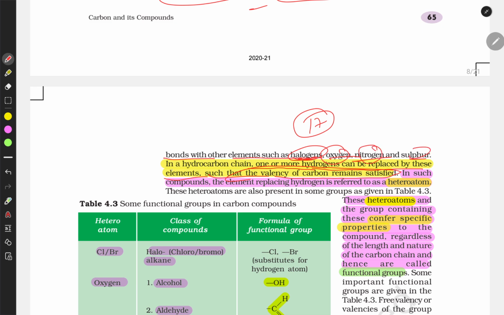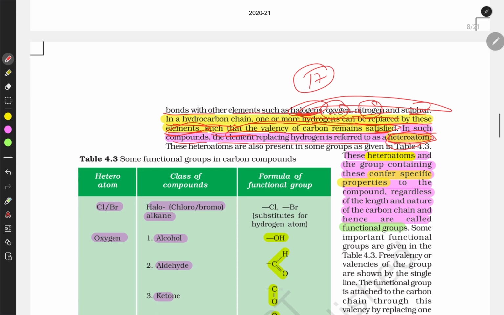And in a hydrocarbon chain, one or more hydrogen atoms can be replaced by these elements, such that the valency of the carbon atom remains satisfied. In such compounds, the element replacing hydrogen is referred to as a heteroatom.